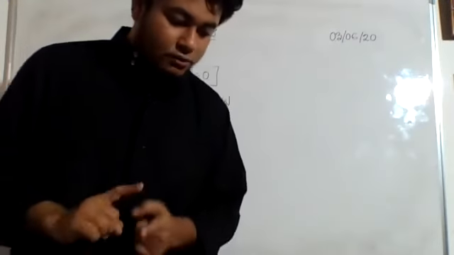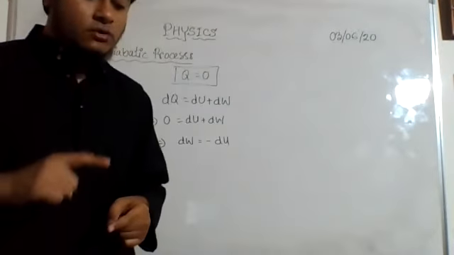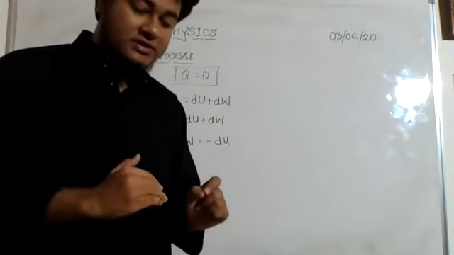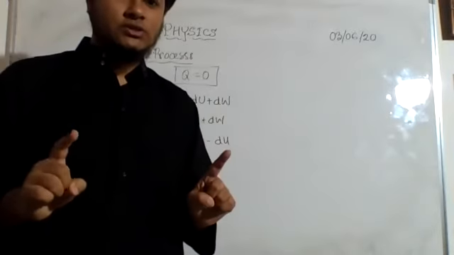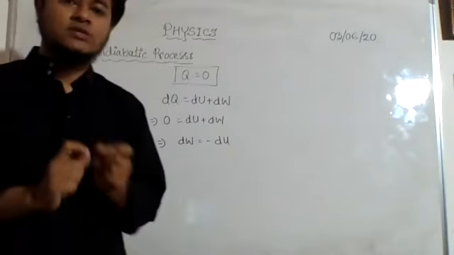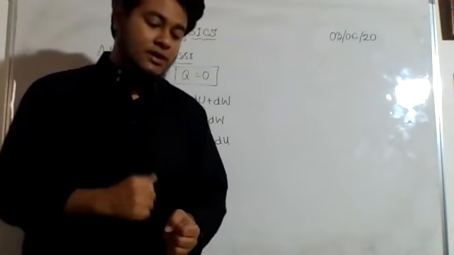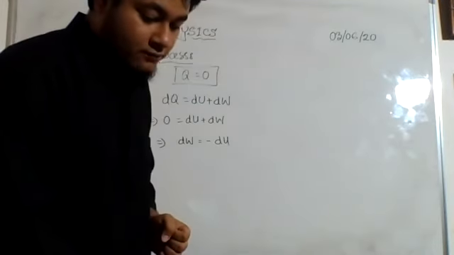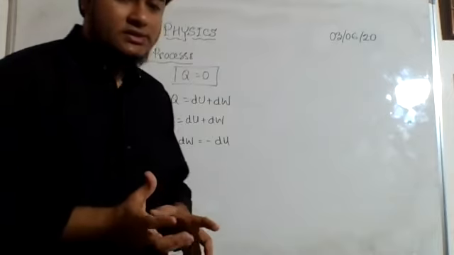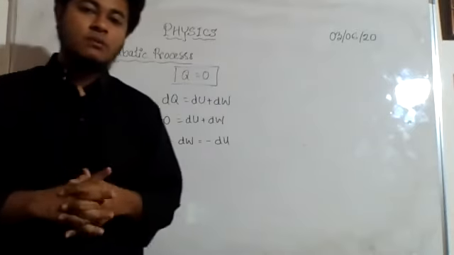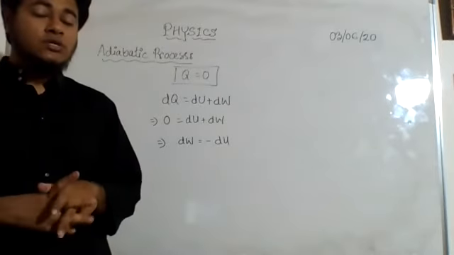The thermodynamic process in which no heat can go out of the system, nor can enter. So no heat exchange. So in short, you can write that the process in which no heat exchange occurs is called an adiabatic process. Okay. So if we can thermally insulate the system, insulator, if you remember, we talked about two types of insulator.